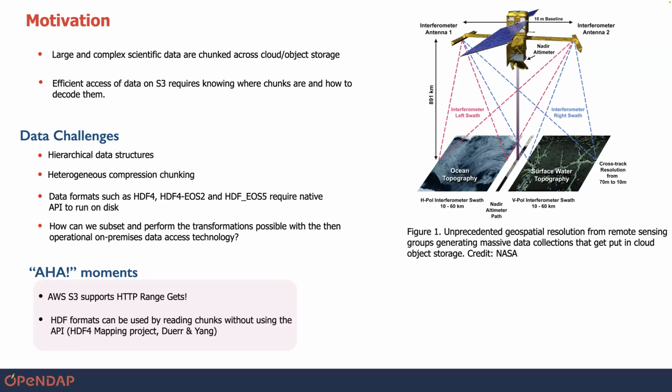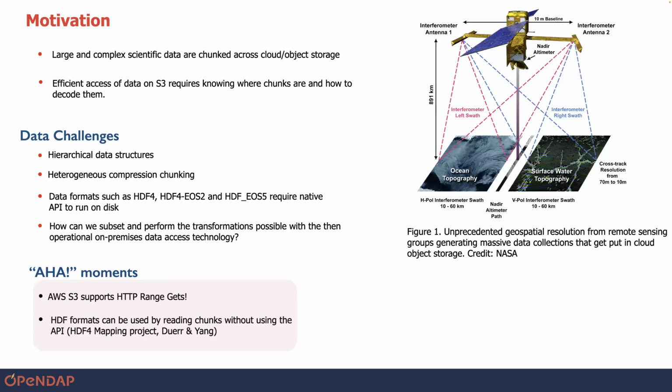And we have these old data formats like HDF4, HDF5, and so on. They really require an API to be read efficiently, and that means that API needs to have random access. It needs to be working on a random access file system or a POSIX file system.